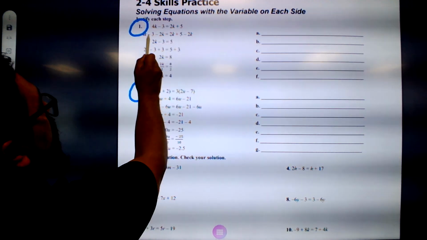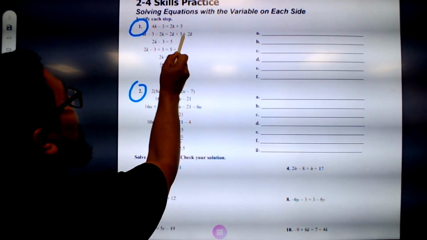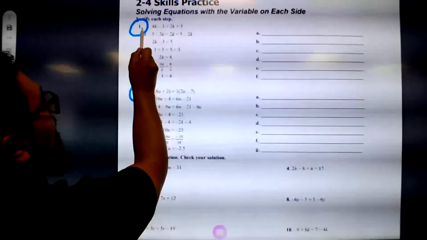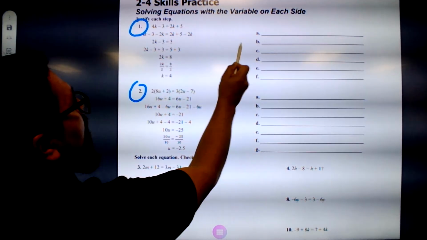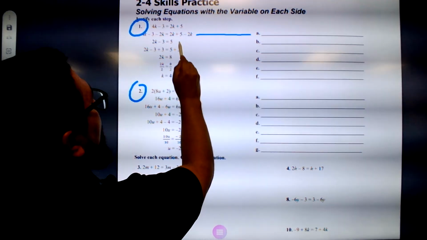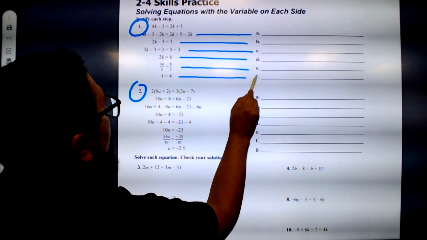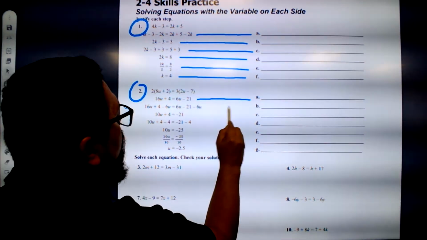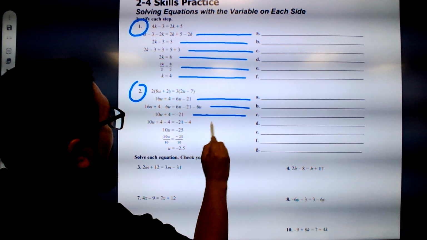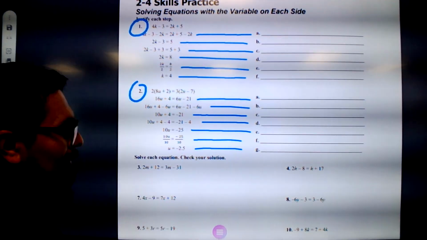Right here, you have to tell me on A what it is that they did, and then for B, what is it that they did, and then for C, it goes directly across. And this one too, it goes directly across like that. So justify each step. Tell me what it is that they did, just like we did before.